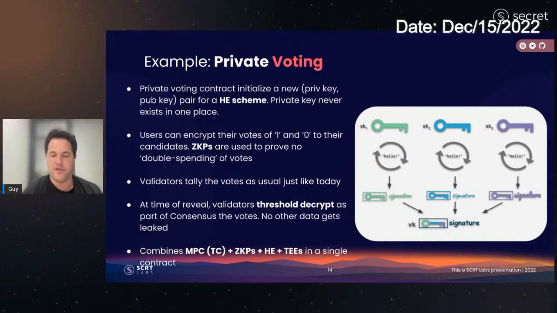Say 1 if they're voting for a specific contender or applicant, and 0 otherwise. And here is where you actually use zero knowledge proofs, because if you don't use zero knowledge proofs here, then users can arbitrarily cheat, right? They can encrypt a value of like 10 or minus 15, and you would never know. So this is an example where zero knowledge has to be integrated and is very effective, but it's just part of the solution.